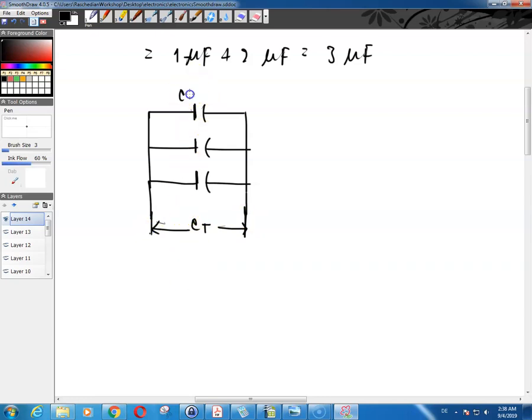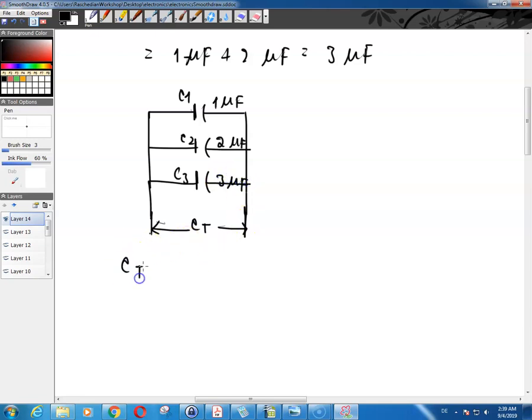Suppose that this is C1, C2, and C3. The value of this one is 1 microfarad, this is 2 microfarad, and this is 3 microfarad.